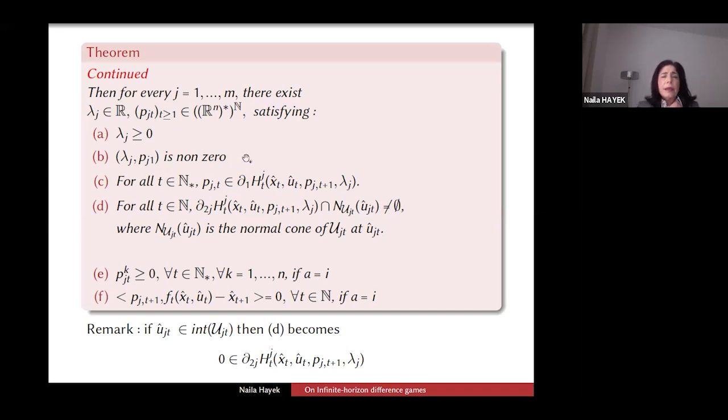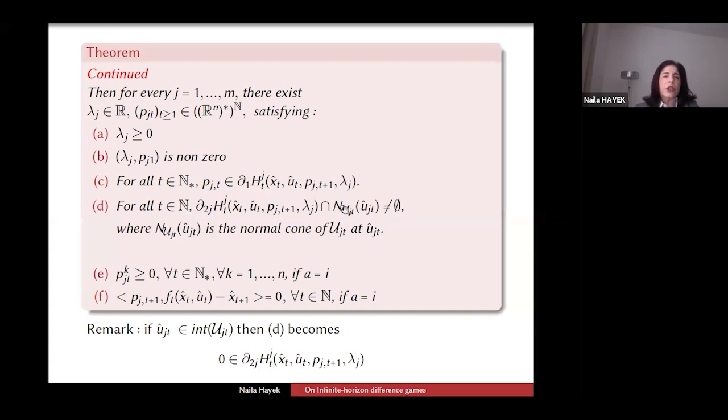For all t, except t equals 0, pjt is in the Clarke differential of the Hamiltonian, and for all t, it is the partial Clarke differential with respect to the state, and this is the Clarke partial differential with respect to uj, to the strategy uj.